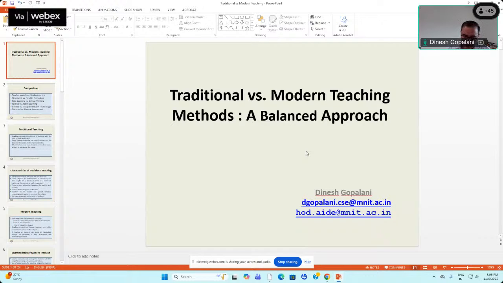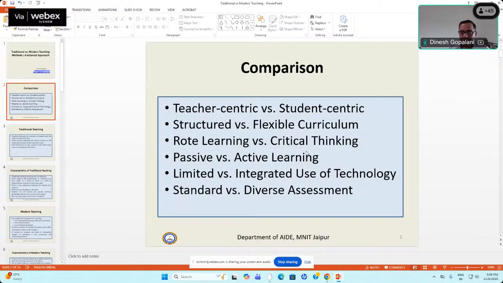If you make a comparison between the two methods, you will find outrightly that the modern method is the best. You may check with Chat GPT or Gemini, and you would find primarily these kinds of answers. That traditional method is one-way only, teacher centric, whereas modern method is student centric.